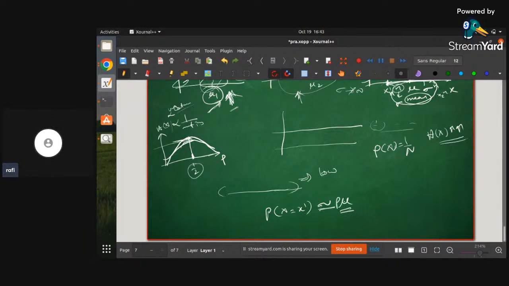Probability of x equal to mu, because the variance is low. All the points are concentrated near the mean only. So if any new, unknown data point comes, it is almost close to the probability of the mean only. You can just approximate like that.